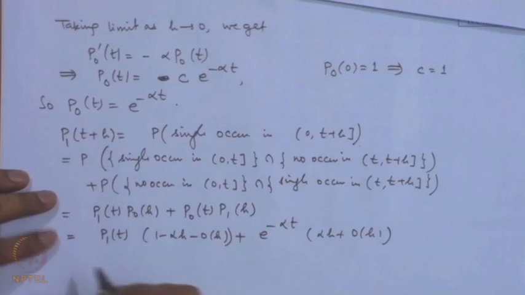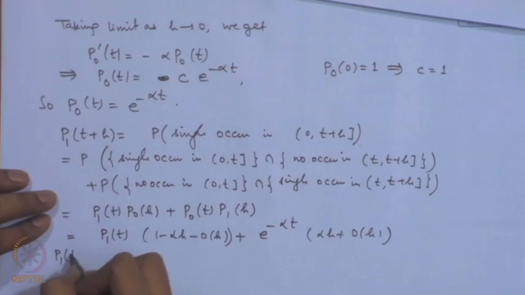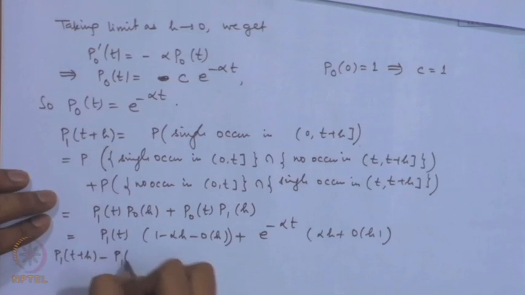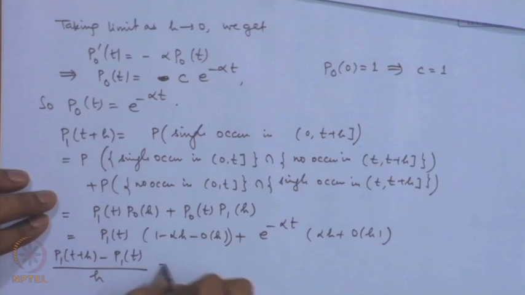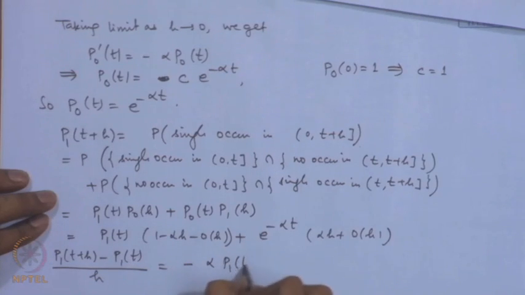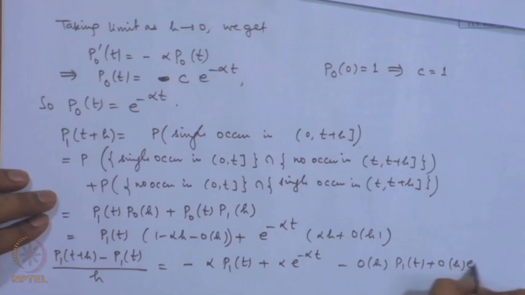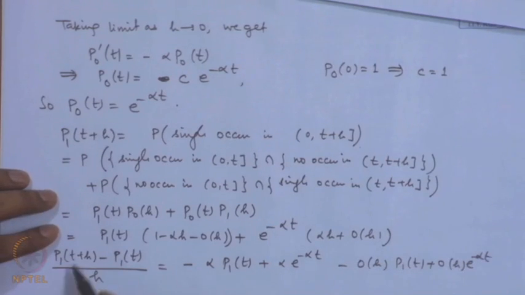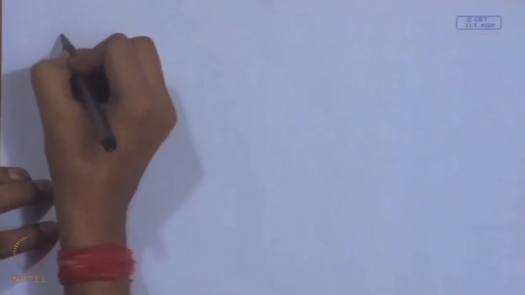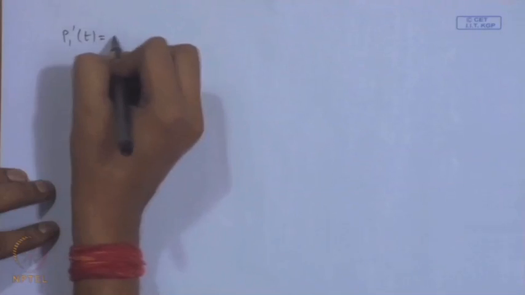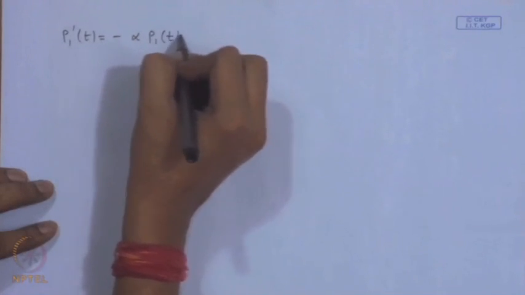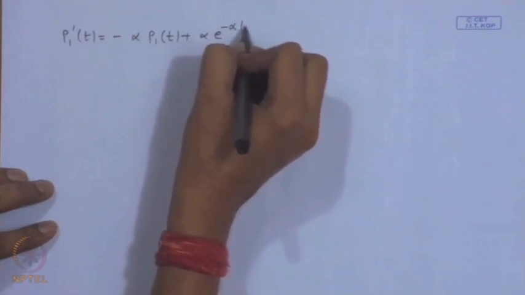So, from here I can again set up the differential equation: p1(t+h) minus p1(t) divided by h is equal to minus alpha p1(t) plus alpha e to the power minus alpha t, minus o(h) p1(t) plus o(h) e to the power minus alpha t. So, if I take h tending to 0, we get here p1'(t) is equal to minus alpha p1(t) plus alpha e to the power minus alpha t.